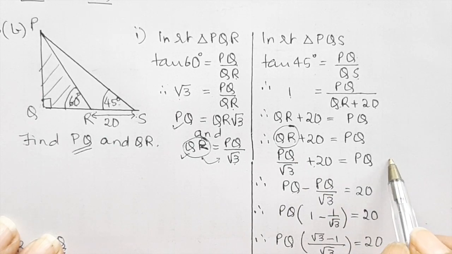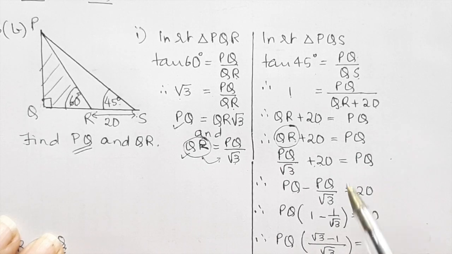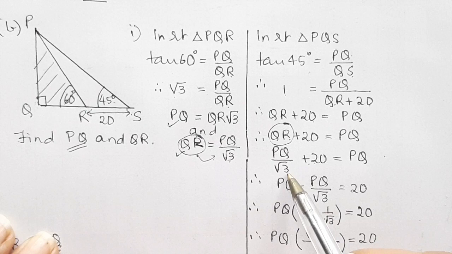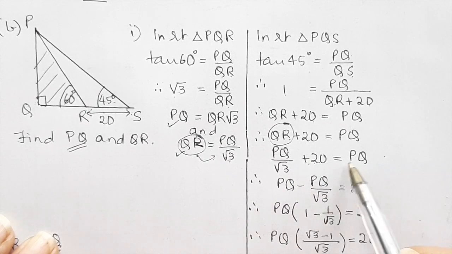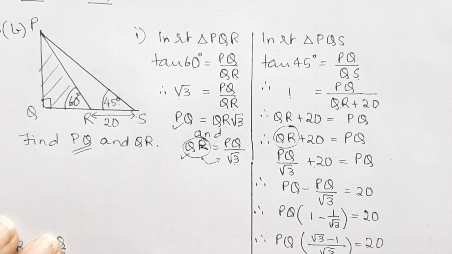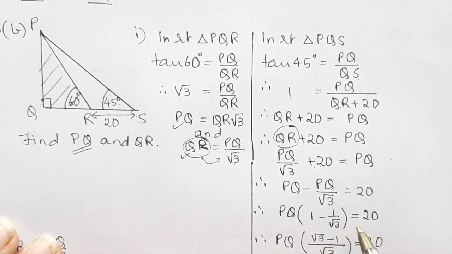We take this to that side, and this 20 I'll keep this side. So basically, I'll have PQ upon root 3 minus PQ equal to minus 20. I'm just making all the quantities positive. Now here PQ is common, and we have 1 minus 1 upon root 3 equal to 20.